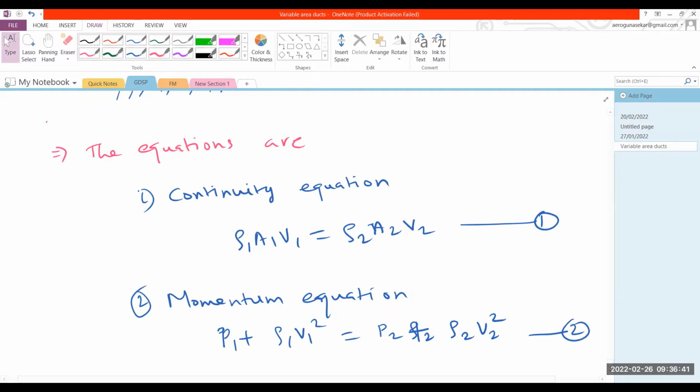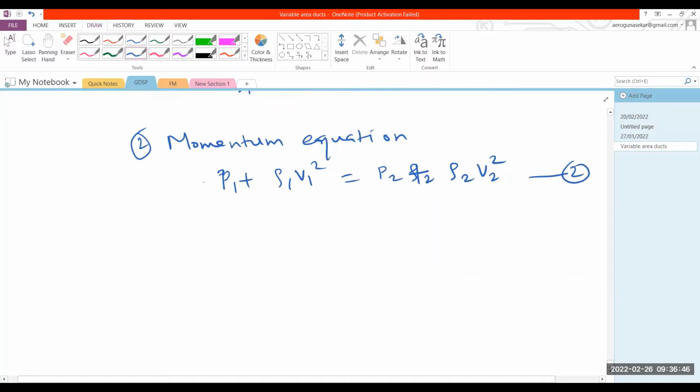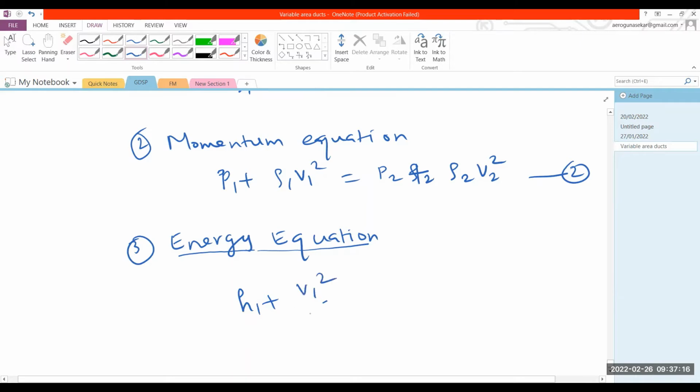Further, the next equation is the energy equation. As per the thermodynamics point of view, the energy equation is nothing but h1 plus V1 square by 2 equal to h2 plus V2 square by 2.